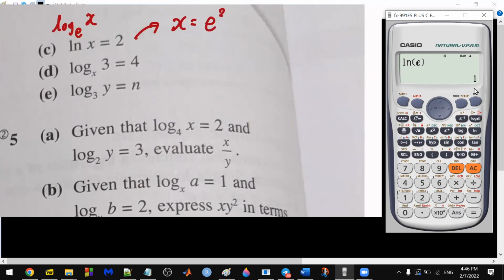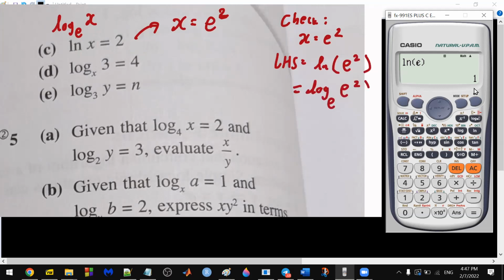Then you can also quickly check. You can check your answer just like solving the square root equation. Check. x equals e squared. So LHS is equal to ln of e squared, which is log base e of e squared. Base and base same. Bring down the 2, you get 2 log of e base e.